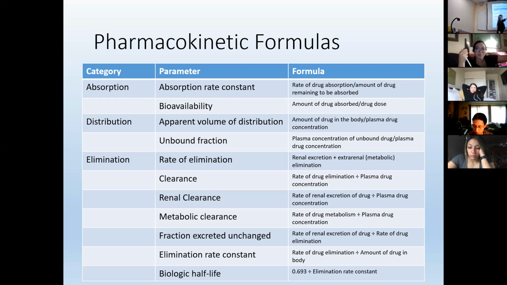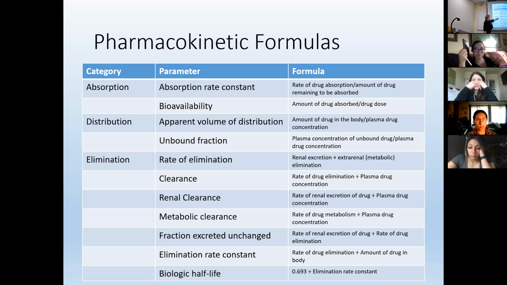Here is just the definition, so the formula on the very right is the definition of what is happening. Elimination is important because we need to get rid of the part of the drug that we don't need, the filler and things like that.